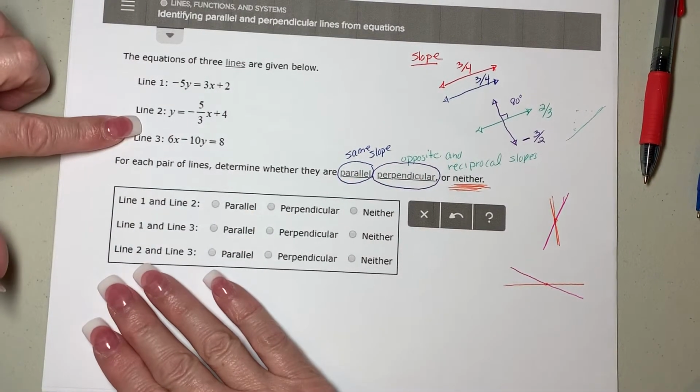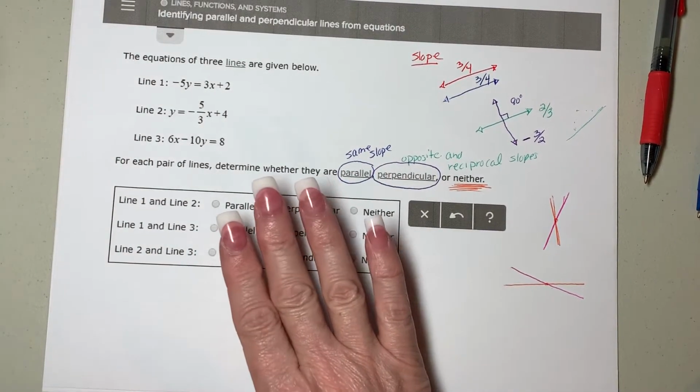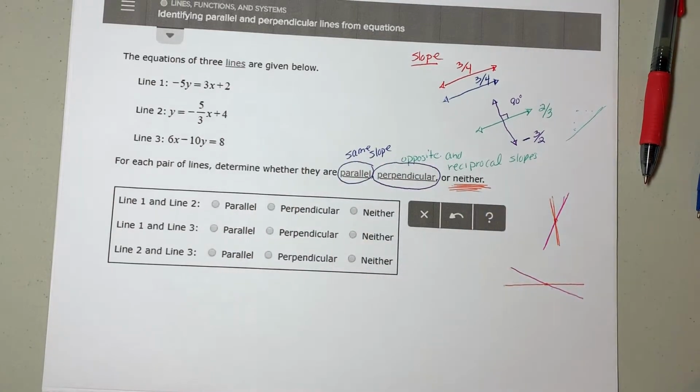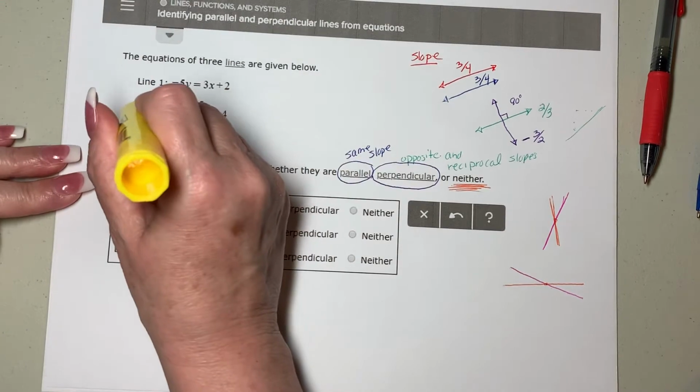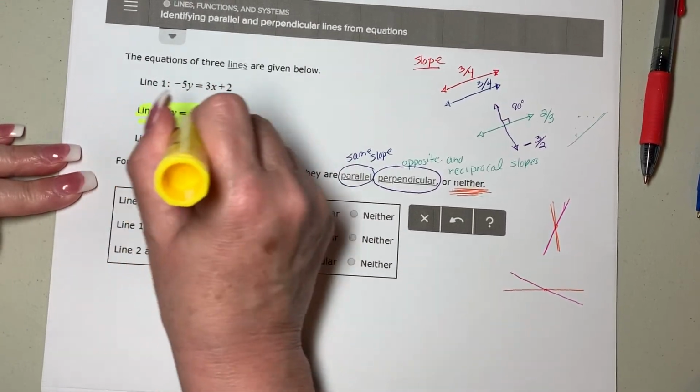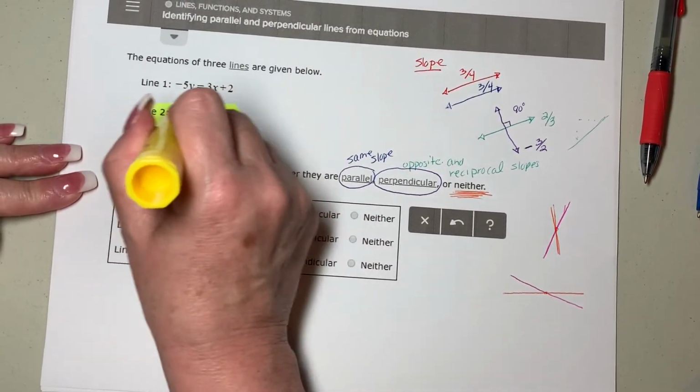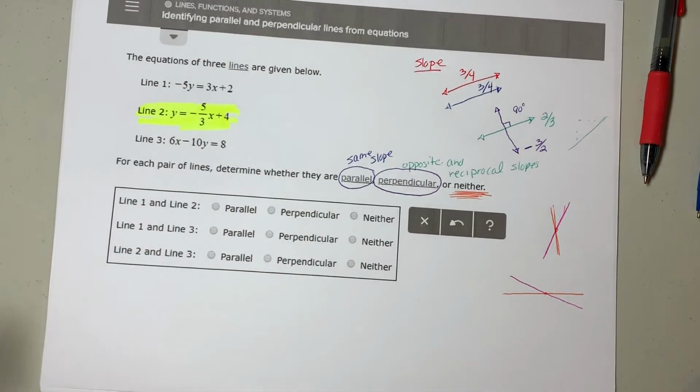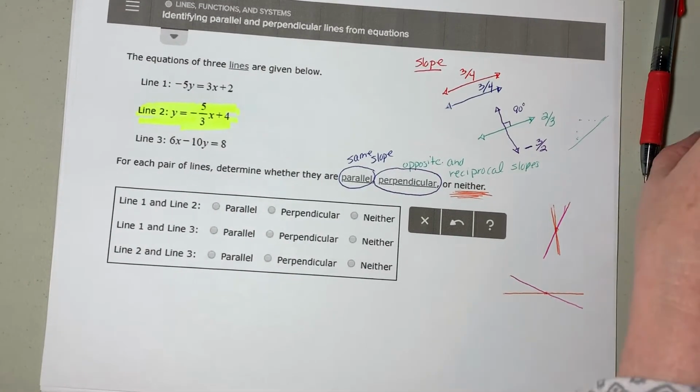How do you take these 3 equations though and figure that out? I'm actually going to start with line number 2, because line number 2 is already in what they call the slope-intercept form of a line.